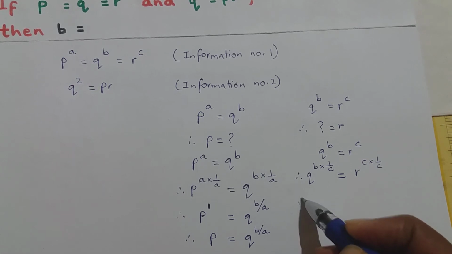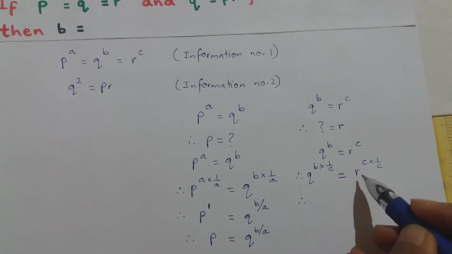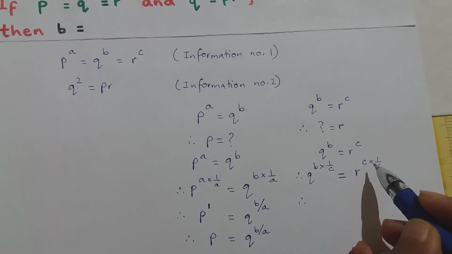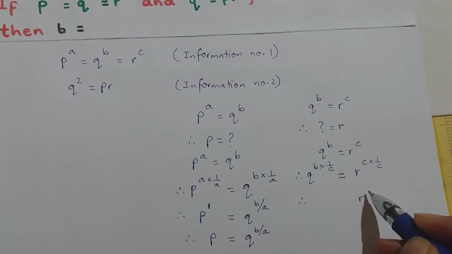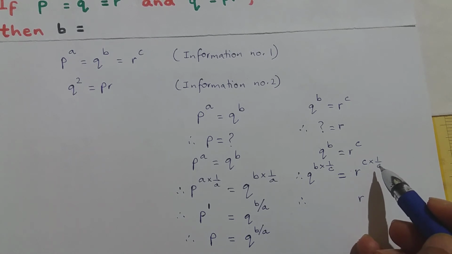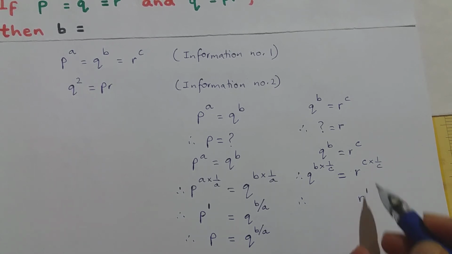Therefore r to the power c into 1 by c: c into 1 by c is 1.